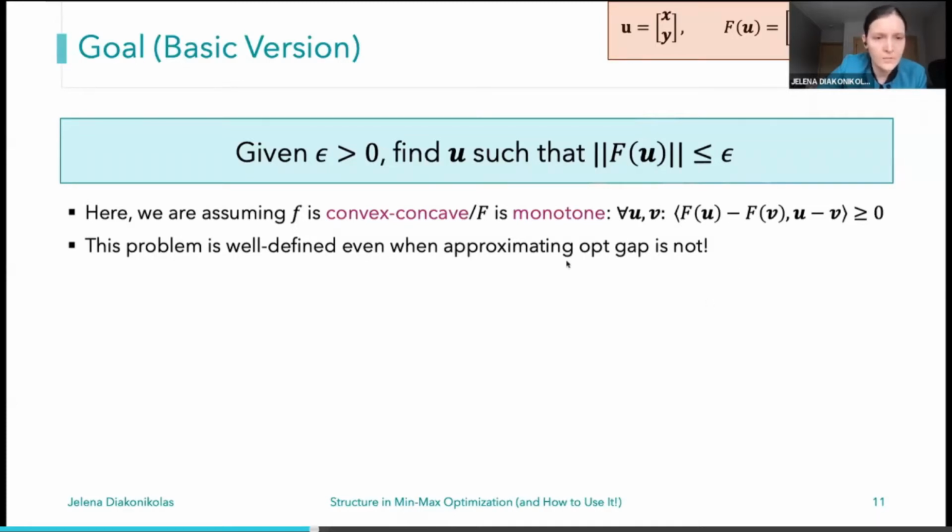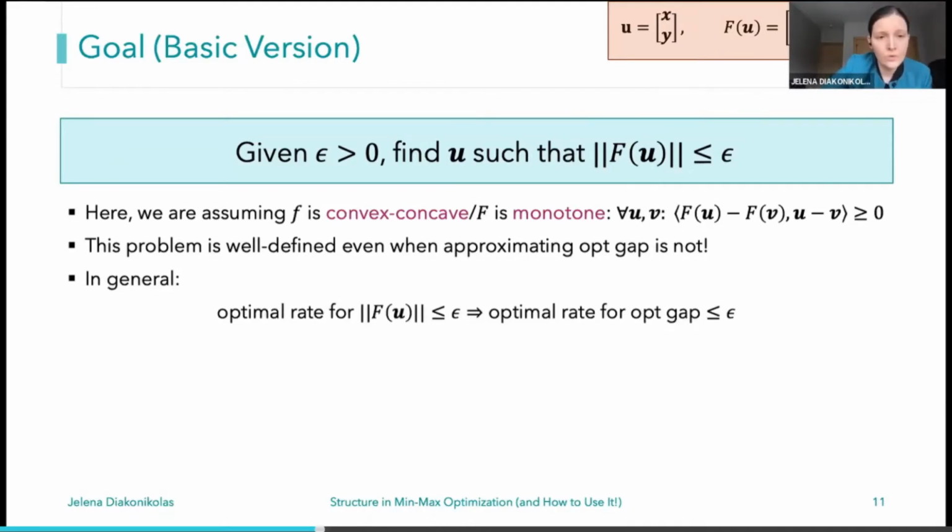And again, as a reminder, I'm assuming that my function is convex-concave, which means that this capital F is monotone. Now, this thing, as I said, is well defined even when approximating the optimality gap is not. And in general, even if approximating the optimality gap is well defined, if you get an optimal rate for this problem, it implies the optimal rate for minimizing the optimality gap.